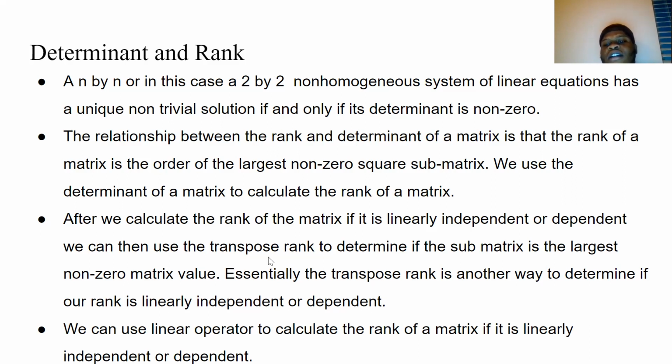Essentially, the transpose rank is another way to determine if our rank is linearly independent or dependent, or our column vector and row vector in this case have to be linearly independent or dependent. We can use linear operators to calculate the rank of the matrix to show that our column vector and row vector are linearly independent or dependent.